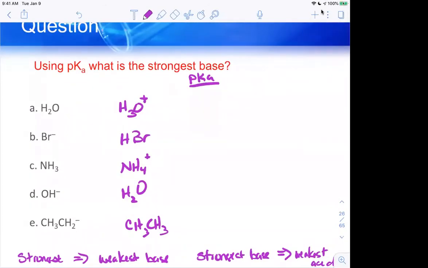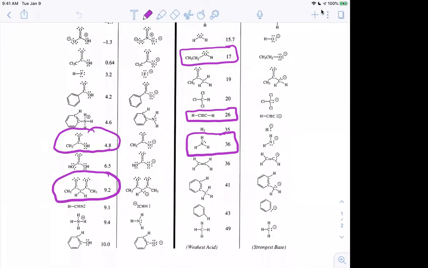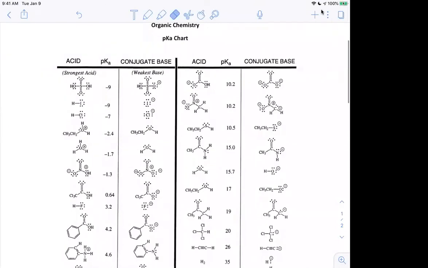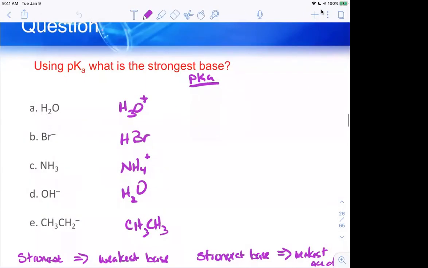So I'm going to look at my pKa chart. And I'm going to erase these because now I'm going to use different numbers. HBr is not in here, but it's probably somewhere between here. So I'm going to call it a -8. So if I look here, I'm going to give this a -8 as a pKa.